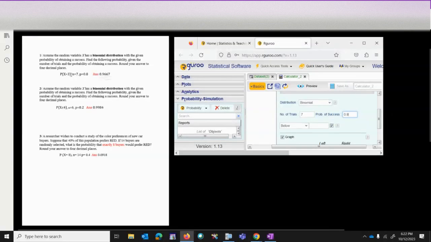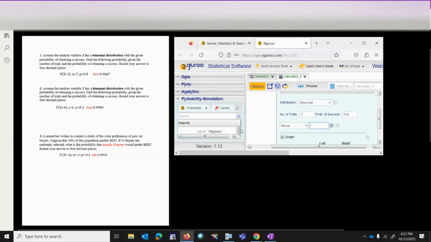Now we are going to calculate the probability of X greater than 3. Greater than 3 means 4 and above, right? You can solve this using two methods. The first one is to use below: you use below 3, and after you get that answer, you subtract it from 1. Or directly you can use above, right here.